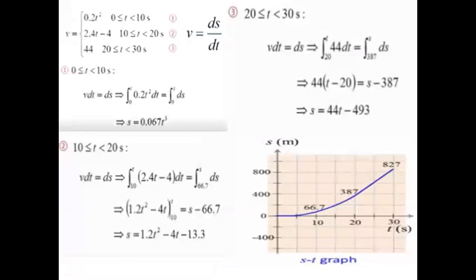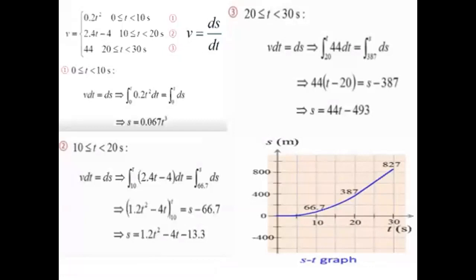Now we can find s as a function of time by applying this kinematic equation that relates velocity to position, v equals ds over dt. The procedure is similar to the previous step.